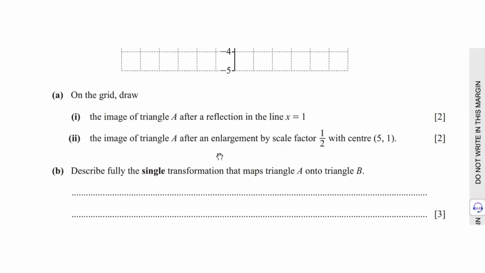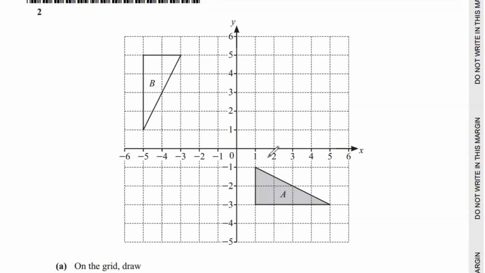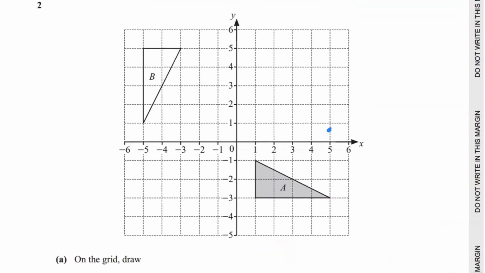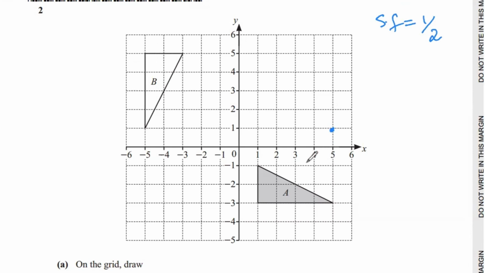Now, the image of triangle A after an enlargement by the scale factor of 1/2 with center 5, 1. Center 5, 1, and the scale factor is 1/2. So if this point is 1, 2, 3, 4 horizontally and 2 vertically, it's going to be 2 horizontally and 1 vertically.